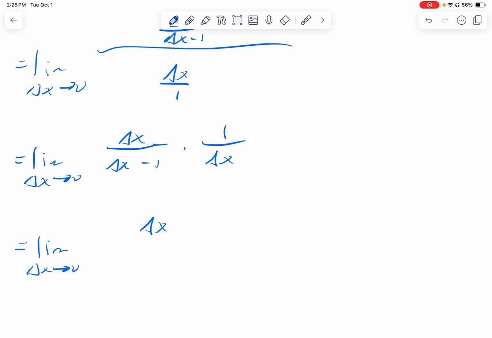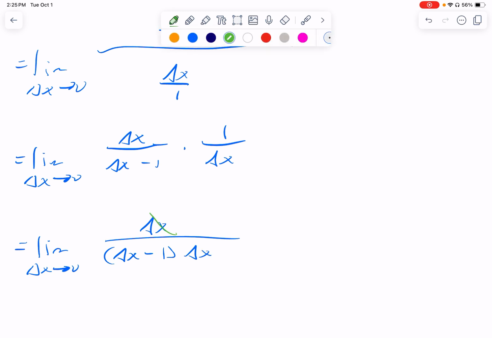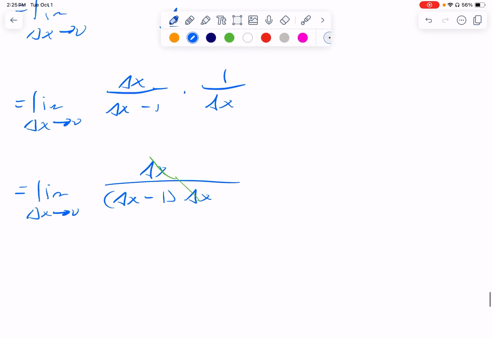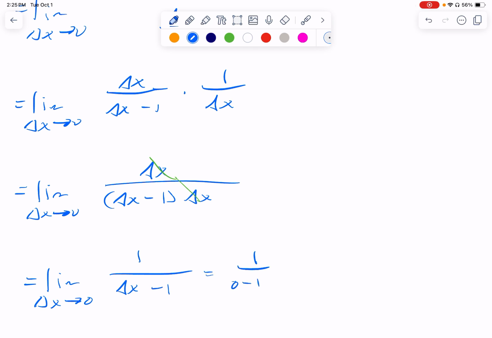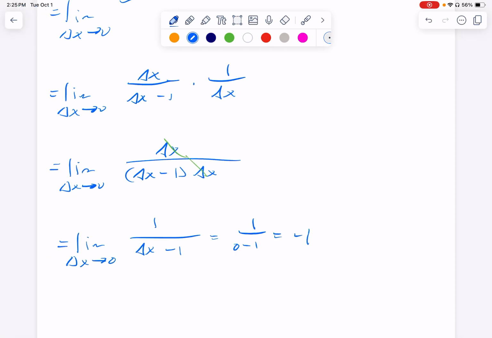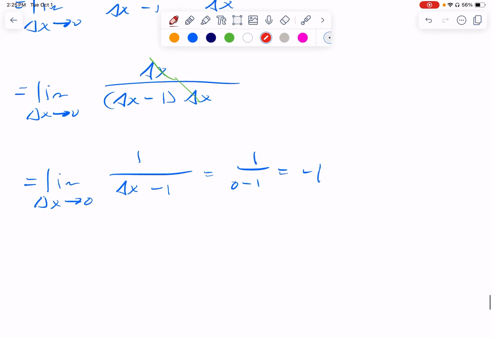So up top we have delta x. In the bottom we have delta x minus 1 times delta x. These cancel, leaving us with the limit as delta x approaches 0 of 1 over delta x minus 1. And if we plug in, we have 1 over 0 minus 1, which works out to negative 1. So for this example, our slope is negative 1.